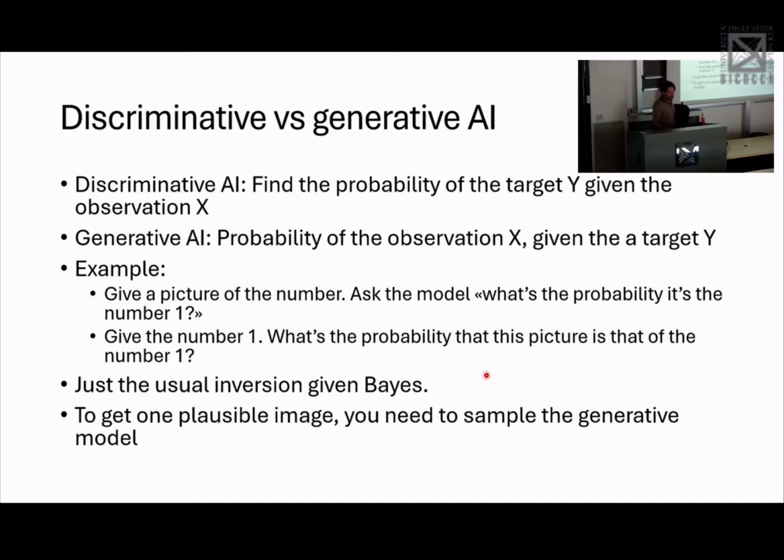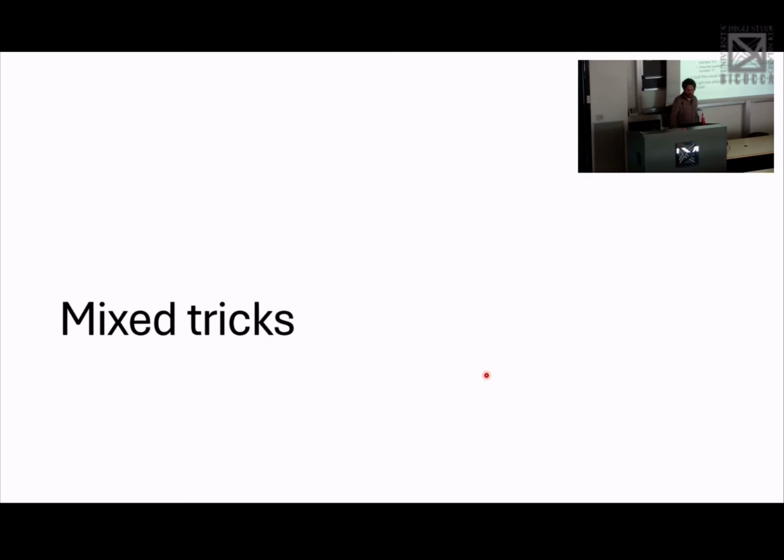If not, we can go to some tricks, a lot of mixed tricks that we need when working in practice with the networks. By the way, you've seen until now that nowhere in all this theory does the architecture of the neural network enter. There's nowhere written anything about that.